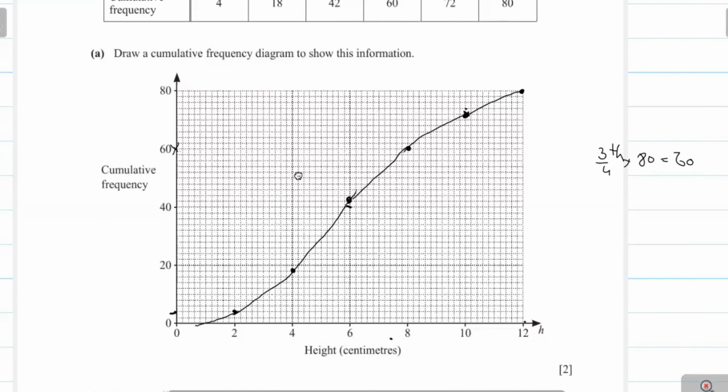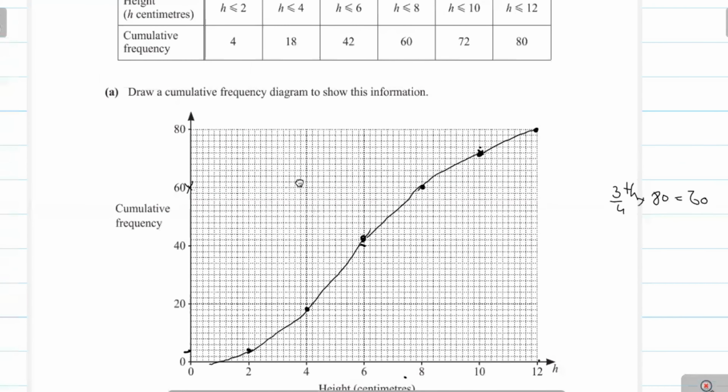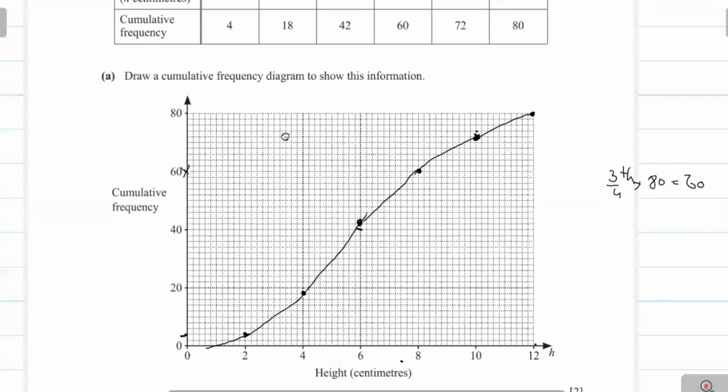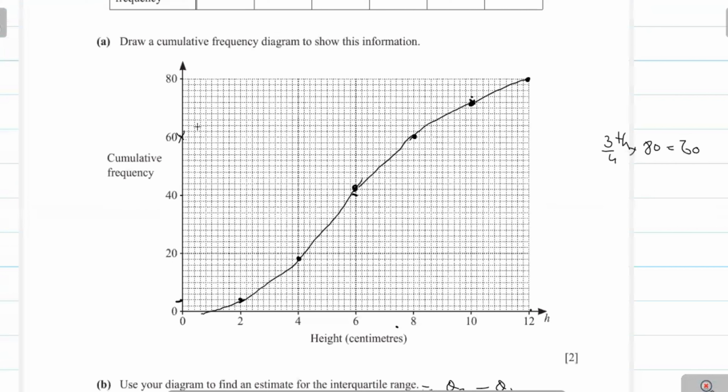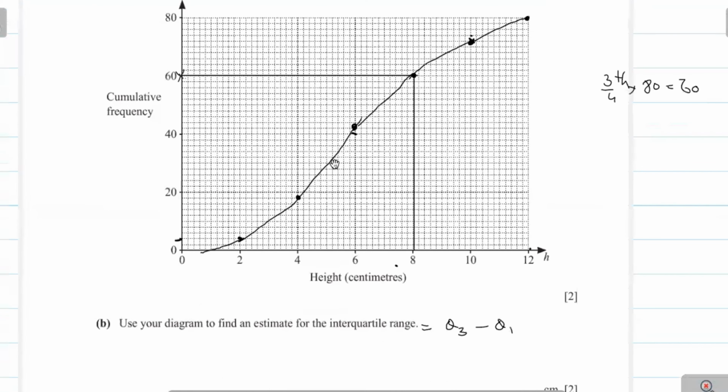Therefore, at the 60th value, we will see the height of the plant. This is the 60th plant height, and this height here is 8 centimeter.